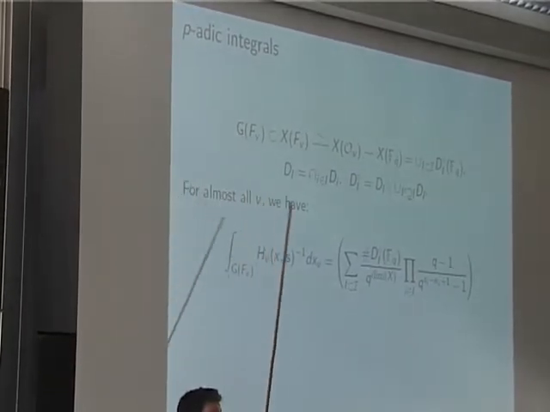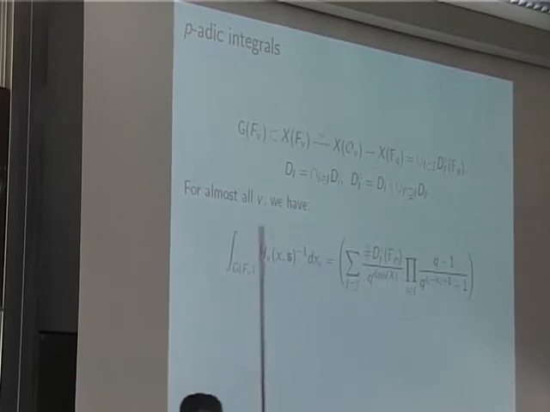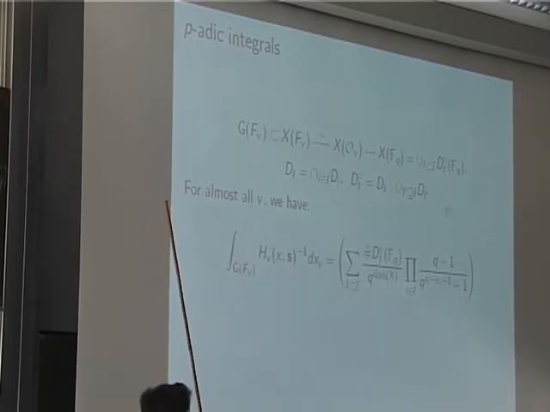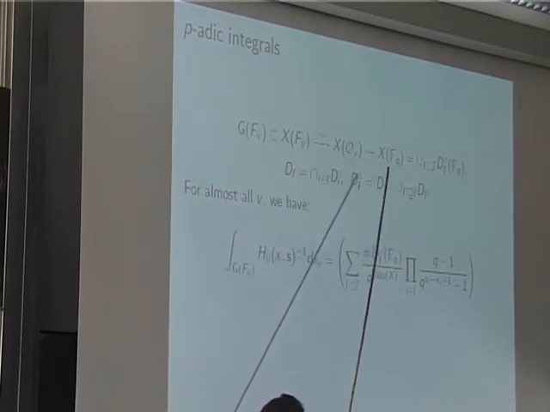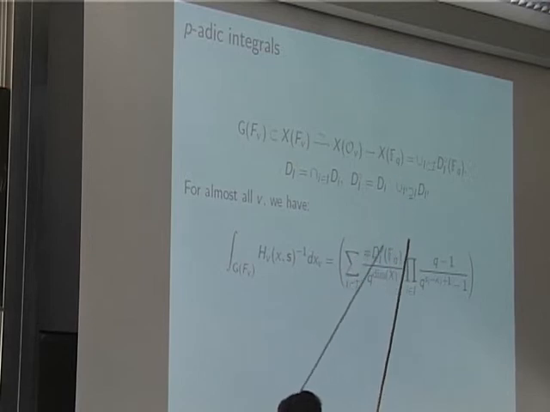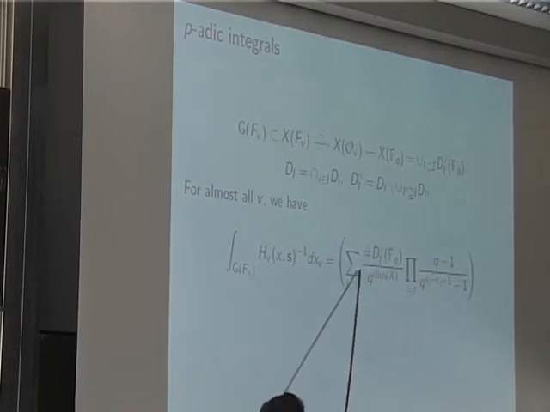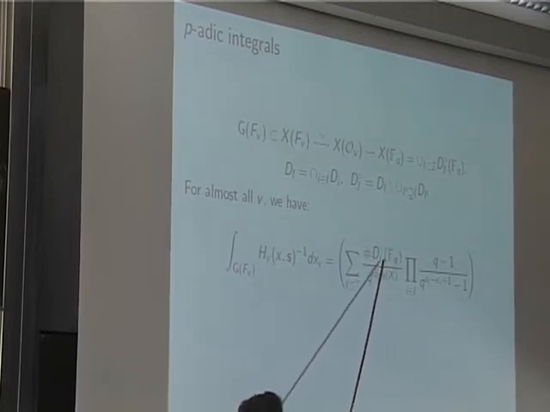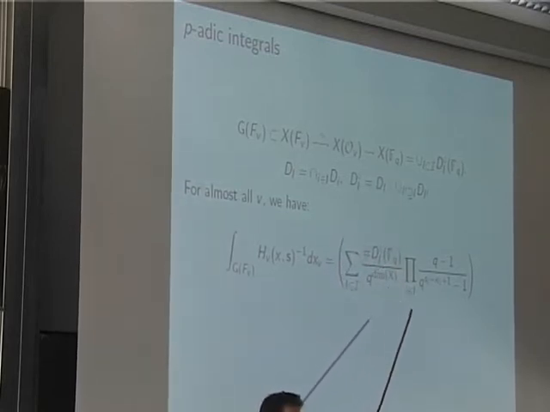But we are getting information over, well, the number of points, for example, on X over the finite field FQ. Just by putting Si equals kappa I, so these terms disappear, and then we have a sum over all strata of the number of FQ points in a stratum over Q to the dimension. Well, that's exactly the number of points in X over FQ over Q to the dimension.